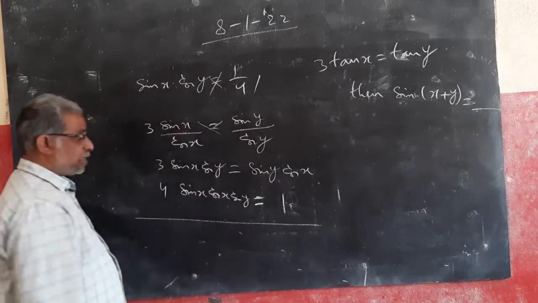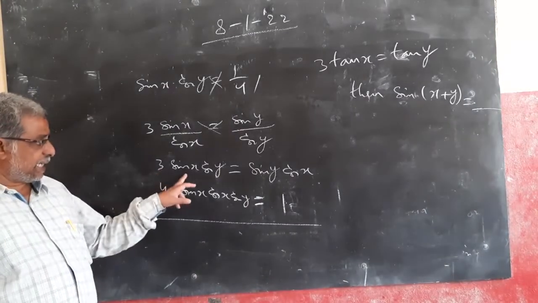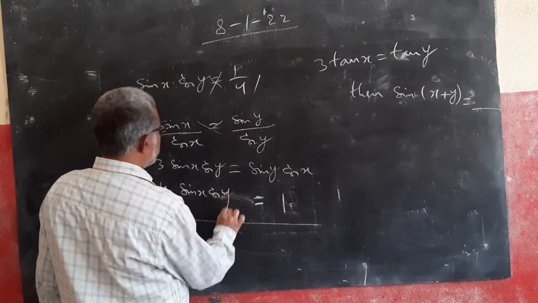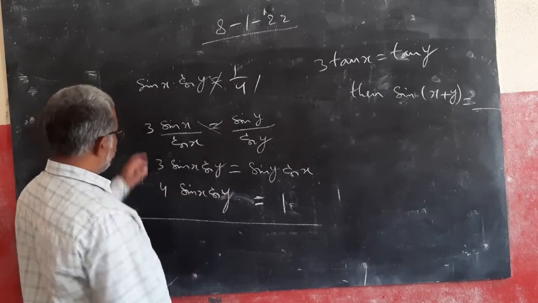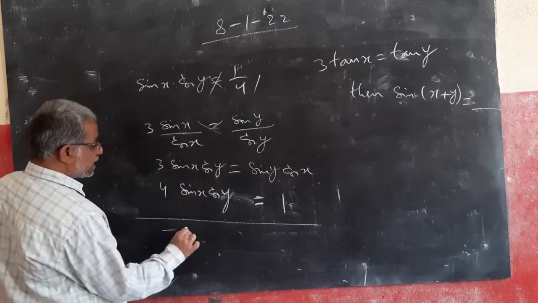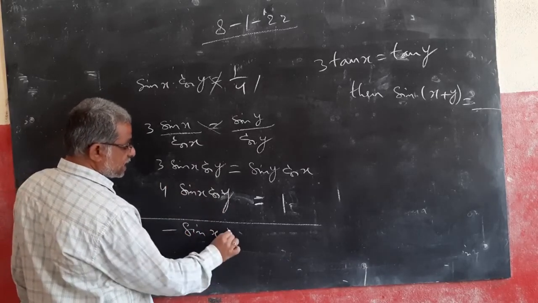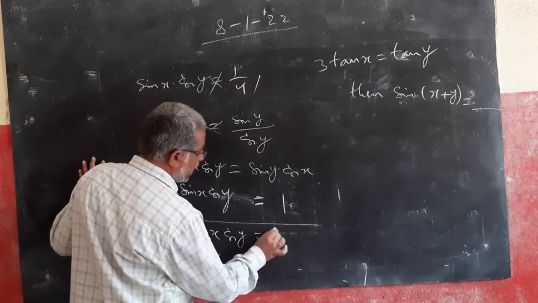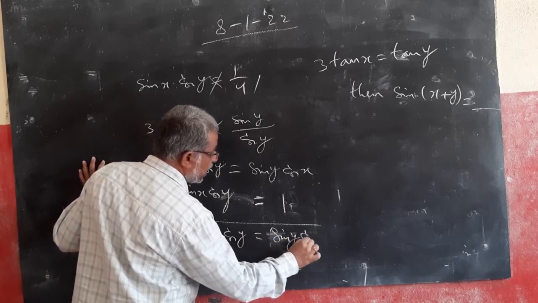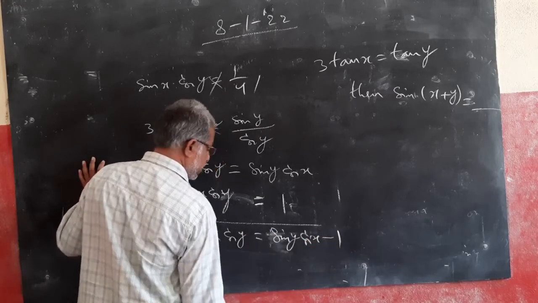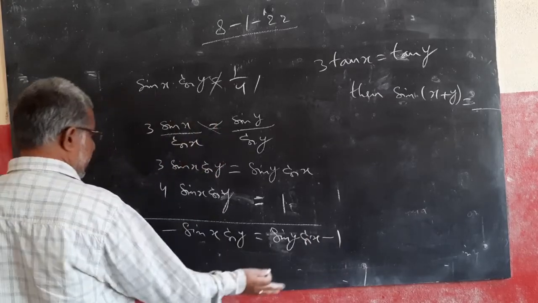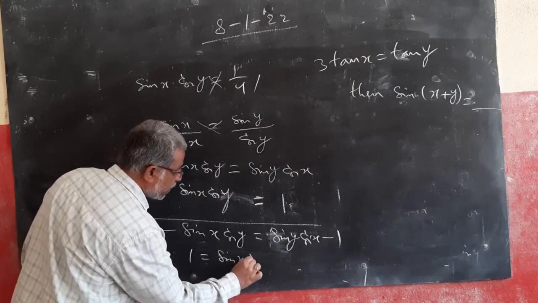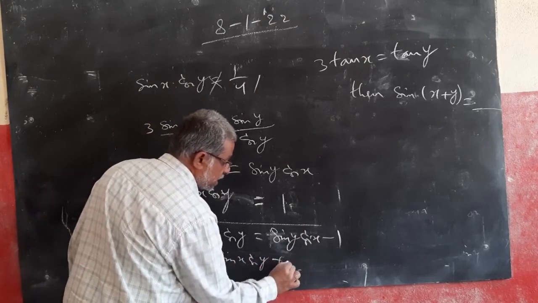If I subtract these two, this becomes 3 sin x cos y minus 4 sin x cos y, so it becomes minus sin x cos y equal to sin y cos x minus 1. Now bring sin x cos y to this side and minus 1 to that side, so it becomes 1 equal to sin x cos y plus cos x sin y.